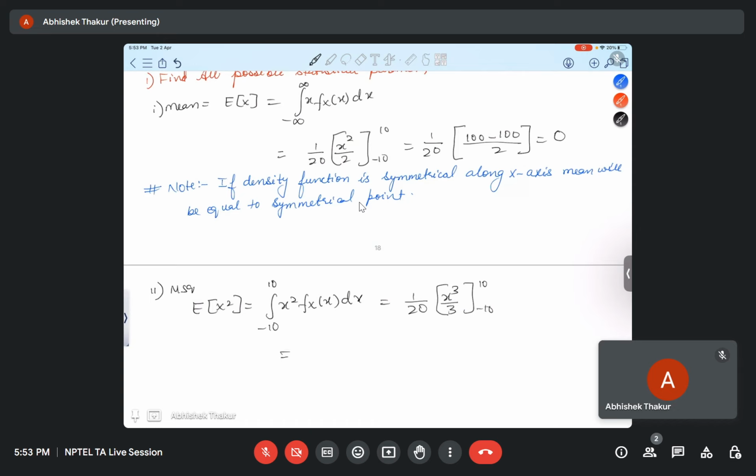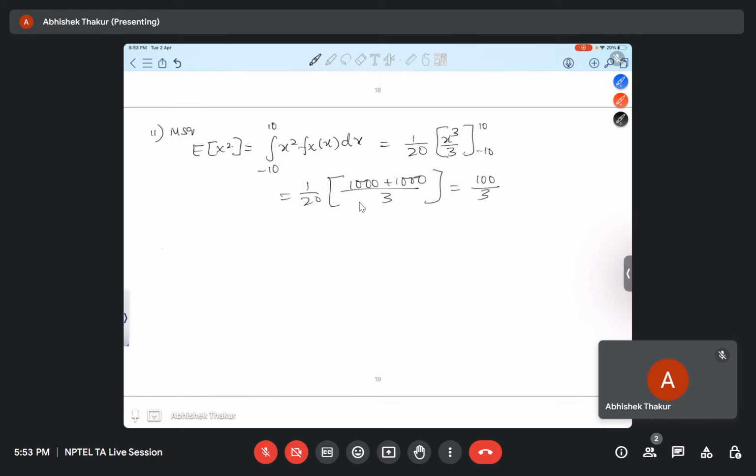So when you substitute this value, you will get (1000 plus 1000) divided by 3. So 2000 by 20, how much? 100. So 100 by 3.